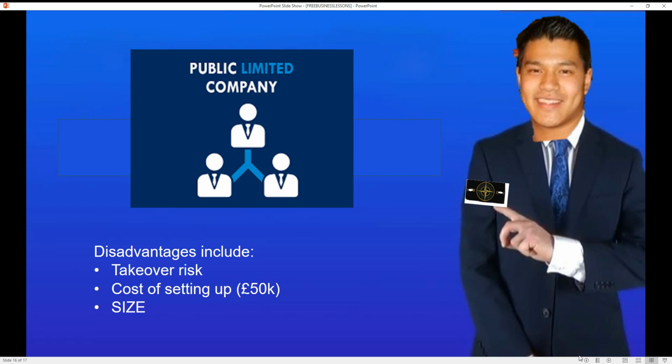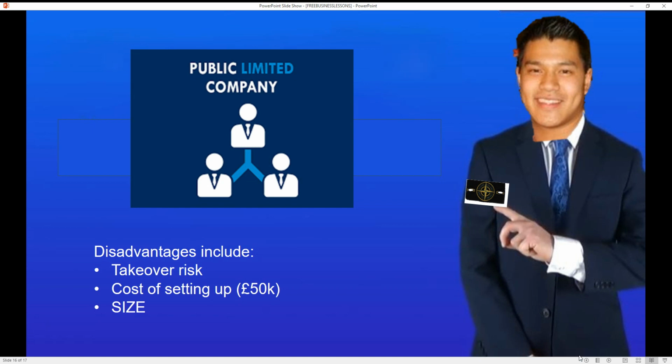It costs £50,000 just to set up a public limited company, just to get your shares floated. Okay, which is a massive expense which not a lot of businesses can afford to do. Another disadvantage, not mentioned here, but obviously you've got to publish your accounts publicly. Again, leadership under scrutiny takes time and money.